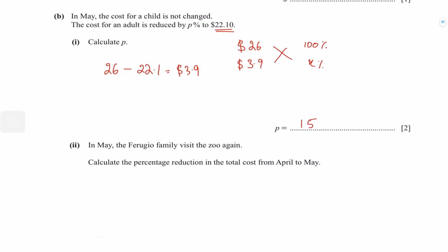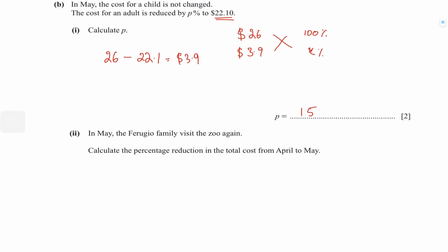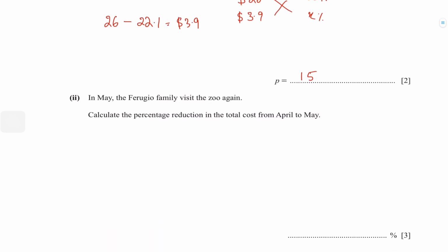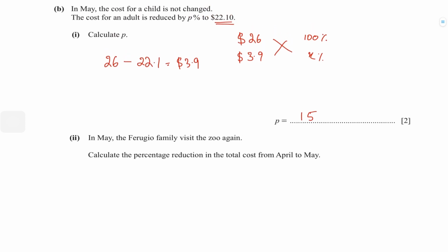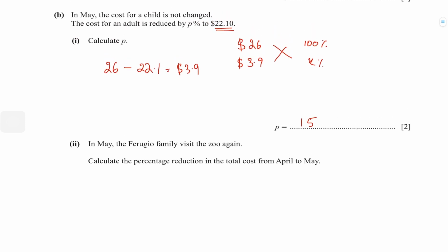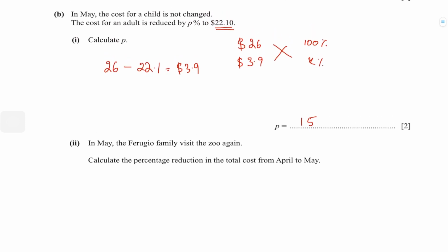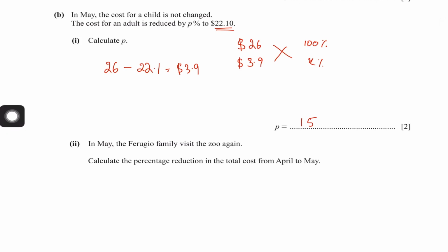Now the question says, in May, the Fergio family visit the zoo again. Calculate the percentage reduction in the total cost from April to May. Let's read part B again just in case. Part B says, in May the cost for a child is not changed, but the cost for an adult is reduced by P%. So our new table will look like this.